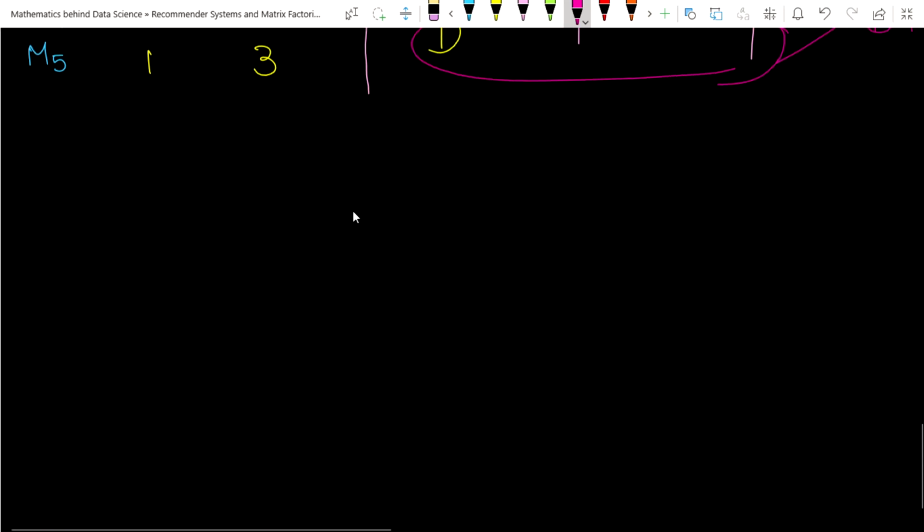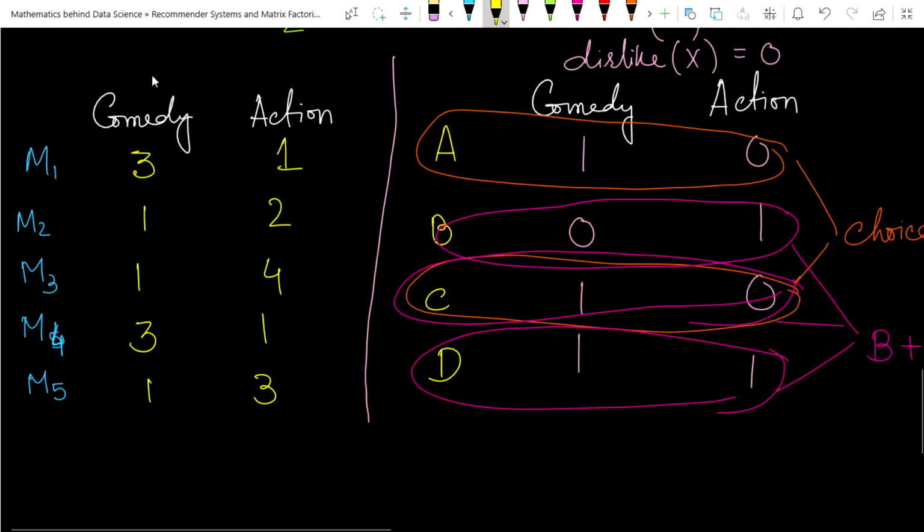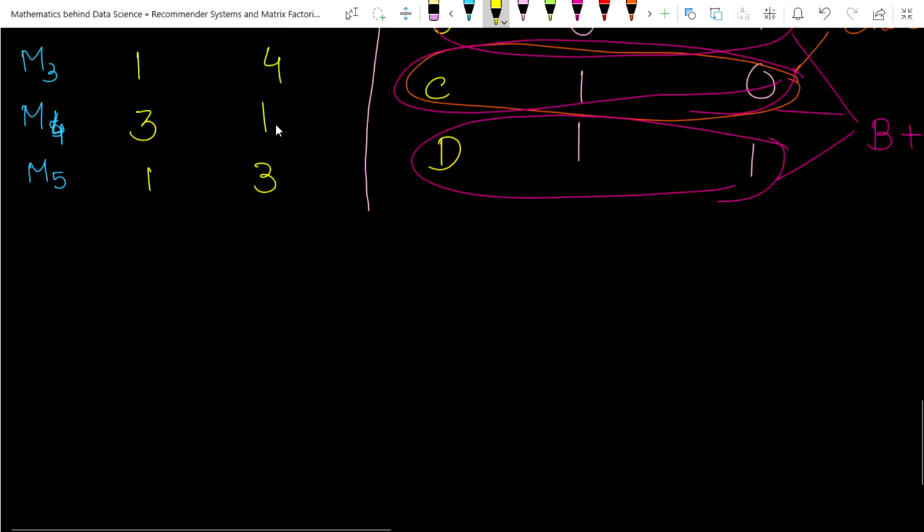So first, on this side we have taken the users. Suppose for comedy I use the letter C, and for action I use the letter A. Don't be confused: this is for user A, this is for user B. This is a round sign B used for action movie.